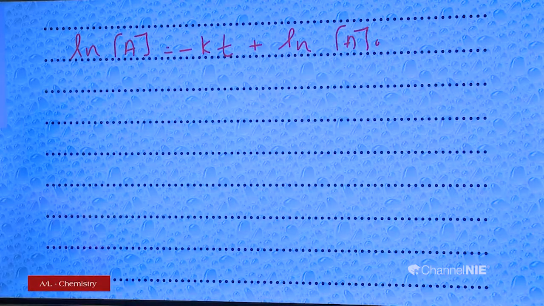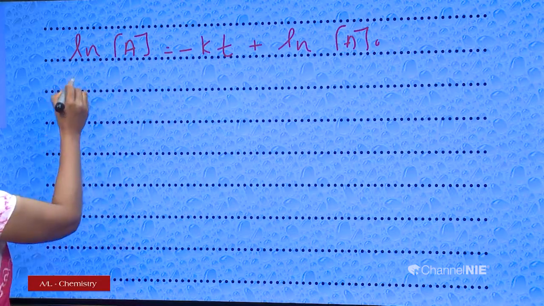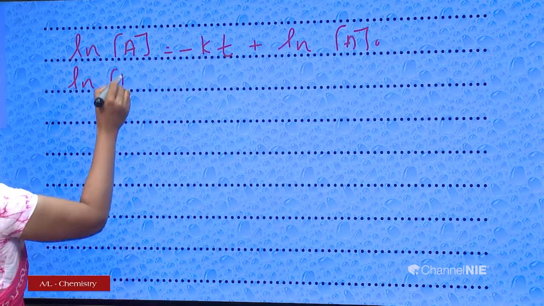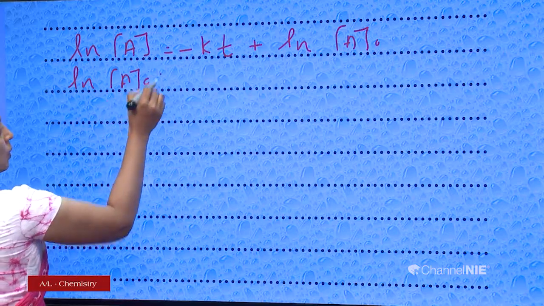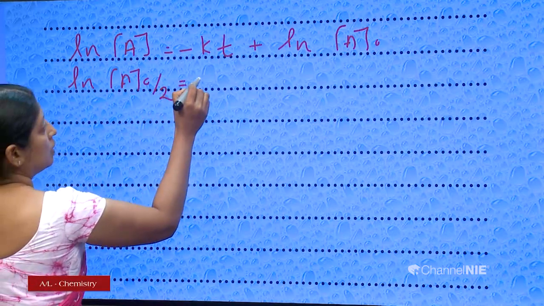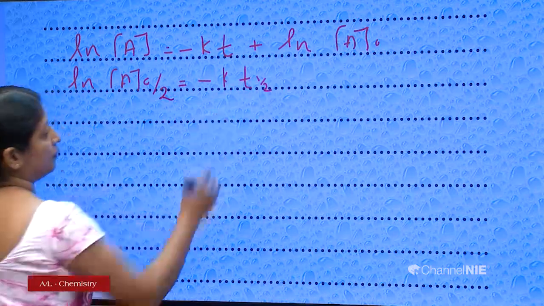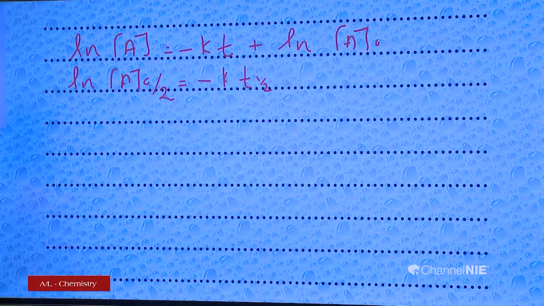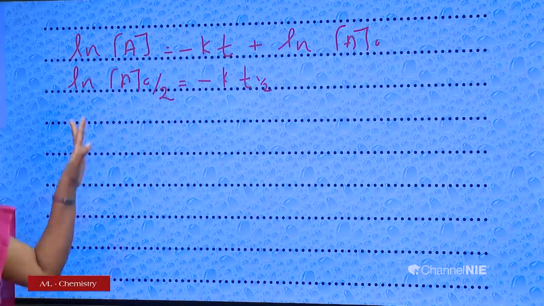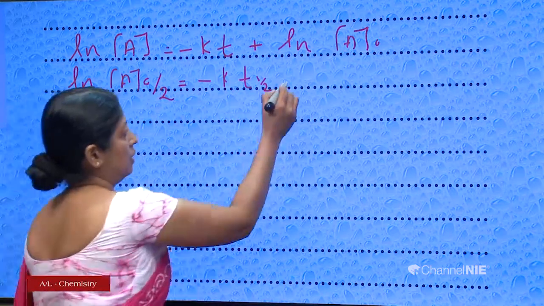So, then again we are going to make a small rearrangement in the equation. Our initial concentration is A naught. Half from that means I could rearrange this as A naught over 2 equal. Now, time is half life. The time required to reduce the initial concentration exactly to half is T half.